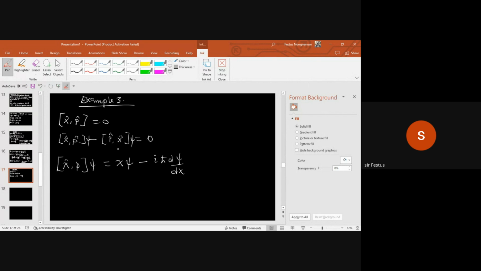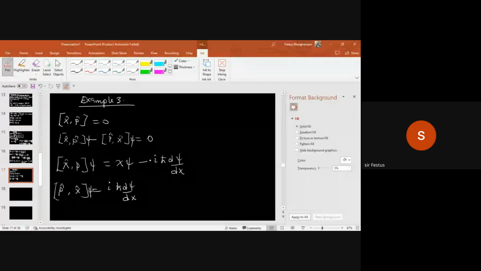Then you also do for the P one. So P operating on X psi. I think there is a minus in the momentum differential, so this one will be plus.